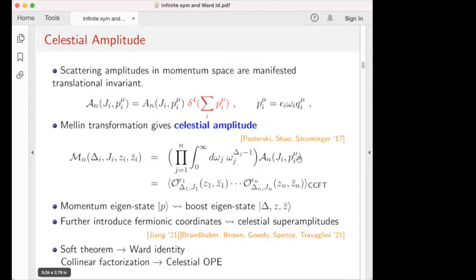In this limit, the scattering amplitude has a factorization property, and performing a Mellin transformation enables us to extract the celestial operator product expansion. Both Ward identities and OPEs are very standard concepts in CFT, and I will discuss more details later.